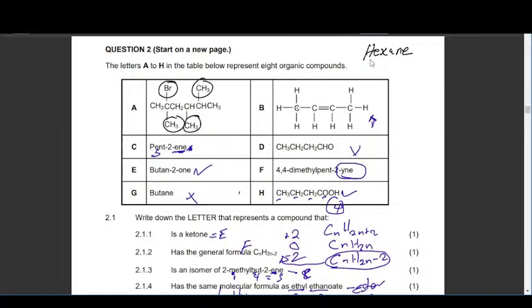Those are branches, but we're going to make this a functional group. So it's going to be 2 bromo, 2, 4, 5.